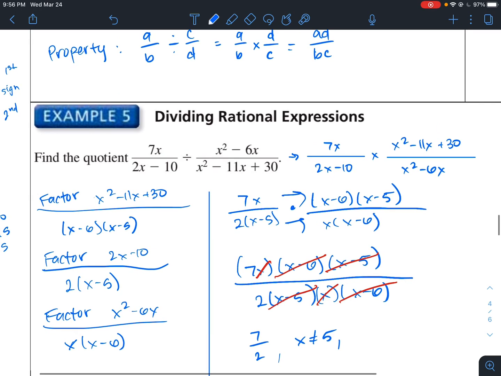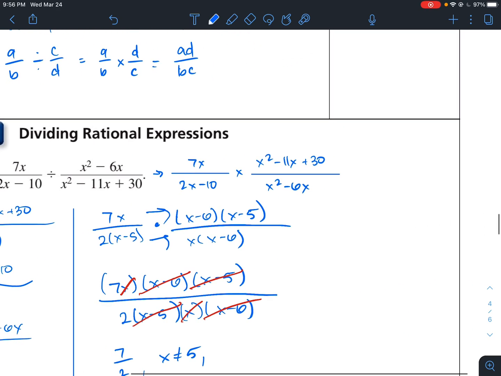In this expression right here, let's see, what we could do is just set x squared minus 6x equal to 0. In factored form this is x times x minus 6.